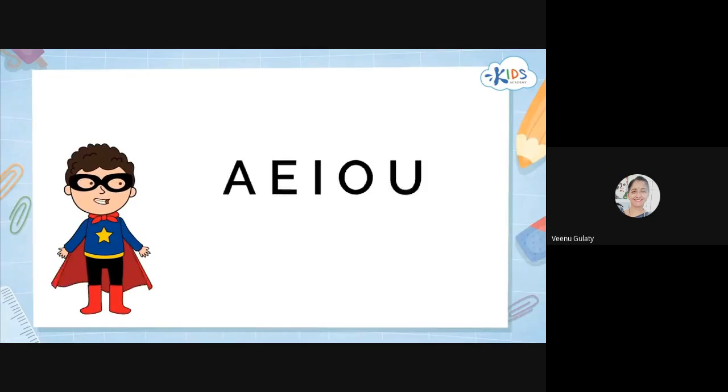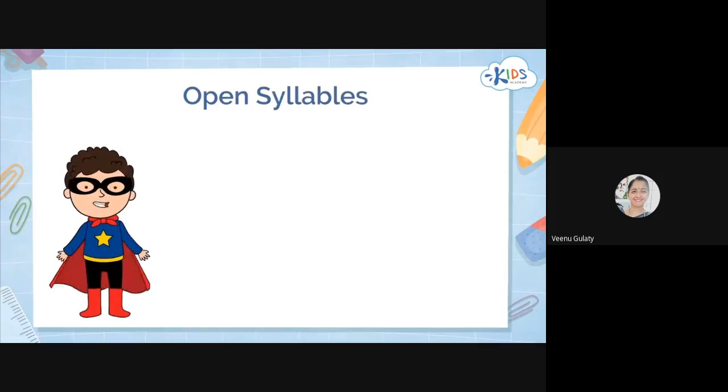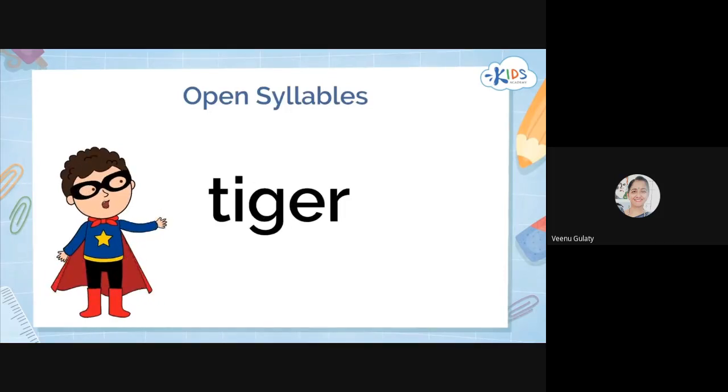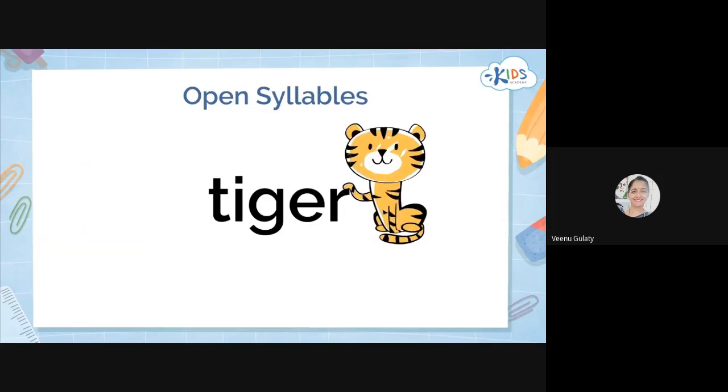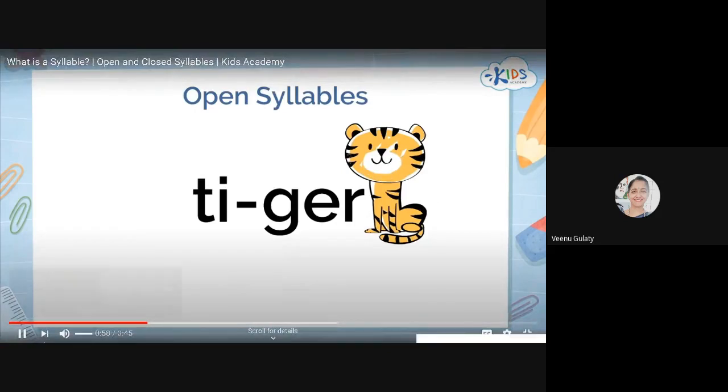First, let's talk about open syllables. These are syllables that end with a vowel, like tiger. Tiger. So there are basically two syllables over here.